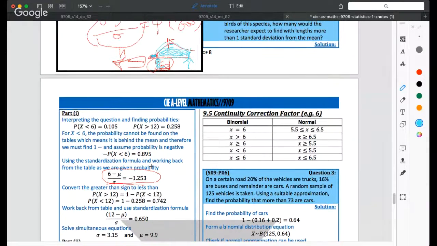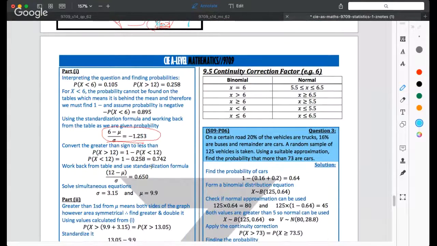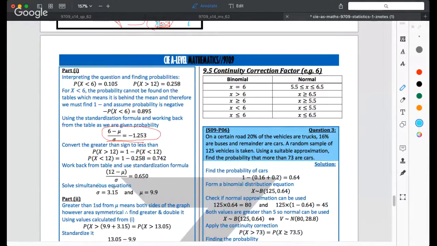So again, it's using the symmetric property of the normal distribution curve or graph. And similarly, for the 12th part, we can do the same thing and have an equation like this. And then our next job is just to solve these two equations together and to get sigma and mu.